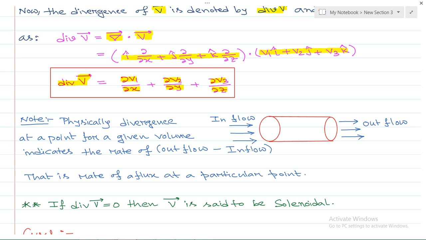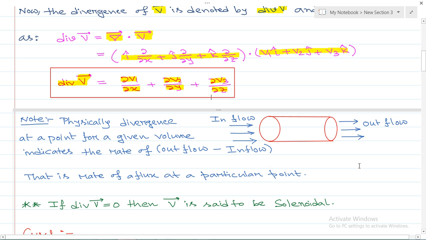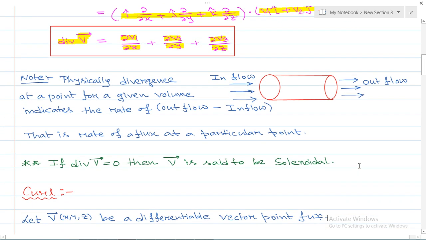So let us try to understand the physical meaning of divergence. Basically, if we consider a pipe where the flow is coming from the left hand side and going out on the other side, this is the inflow and this is the outflow.